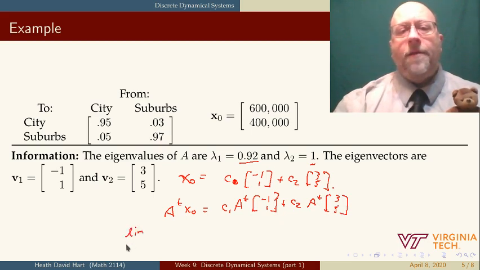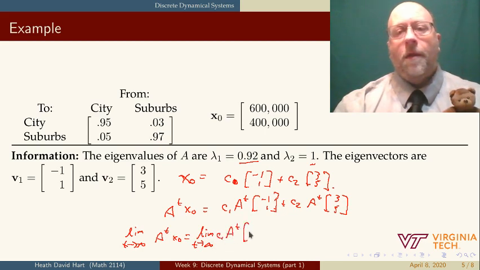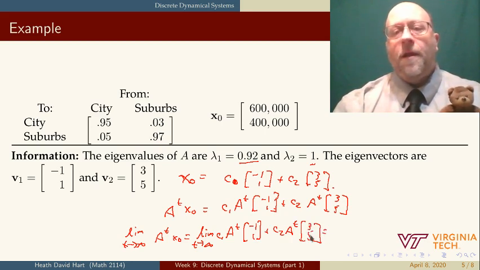And the limit, as t approaches infinity, the long-term trajectory of this, gives me a prediction of what would happen if we just let this model run indefinitely. But because these are eigenvectors, I can replace A with lambda.